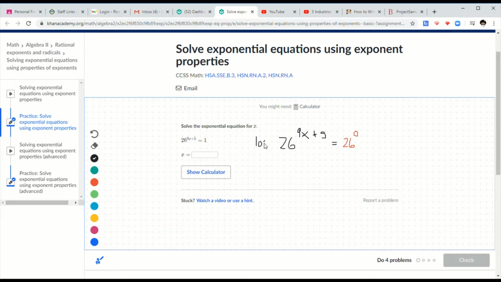So we're doing log base 26, and then we're shimmying a log base 26, and then these guys cancel out, leaving me with 9x plus 5 is equal to 0. And then you are going to solve it from here.